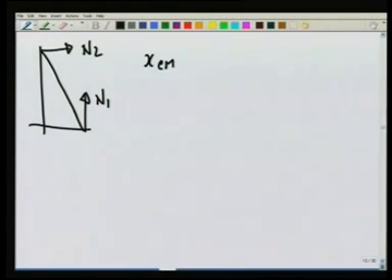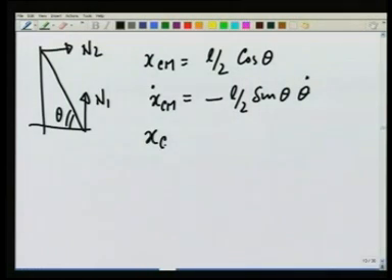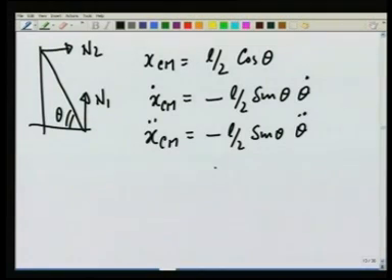X cm is equal to L over 2 cosine of theta, and therefore x cm dot is equal to minus L over 2 sine theta theta dot, and therefore x cm double dot is equal to minus L over 2 sine theta theta double dot minus L over 2 cosine theta theta dot square.